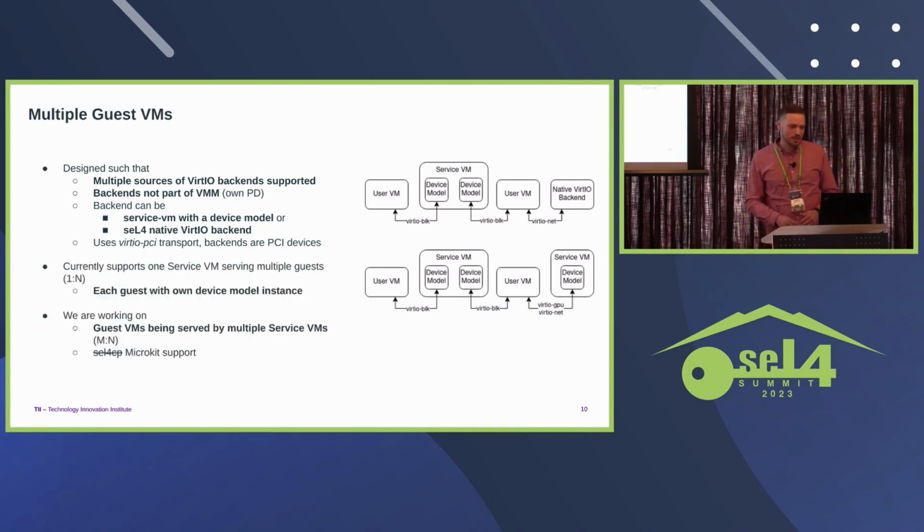We are still limited to having one service VM serving multiple guests, where each guest has its own device model instance. But we are currently working on support for multiple service VMs, so you can have two service VMs providing different backends.